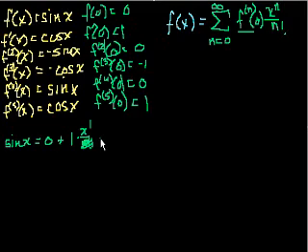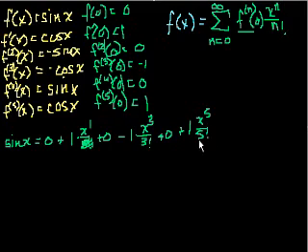And then we have plus 0. And then we have minus, and now this is the third derivative, right? So minus 1 times x to the third over 3 factorial. And then we have a 0. And then we have a plus 1. And this is now the fifth derivative, so x to the fifth over 5 factorial. And we'll just keep going. But I think you see the pattern.